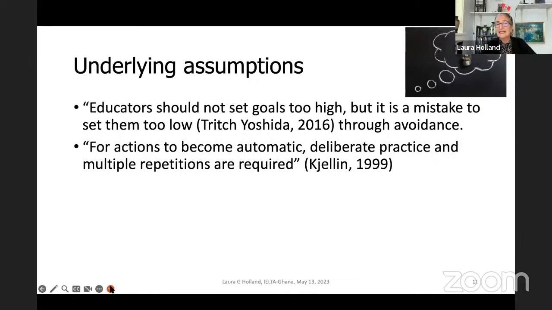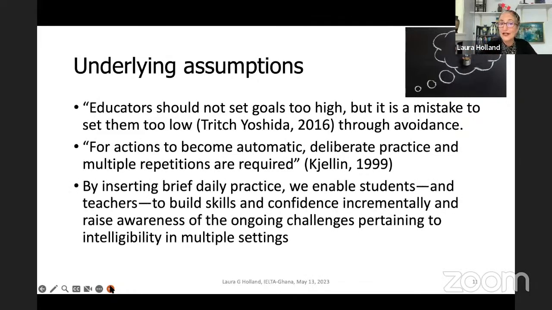Okay, and Jeline says that for actions to become automatic, deliberate practice and multiple repetitions are required, and that is absolutely key, and absolutely true in my experience. I do a little bit of pronunciation every single day. I also give my students a lot of opportunity to just talk freely every day, and by developing their fluency, their pronunciation starts falling into place.